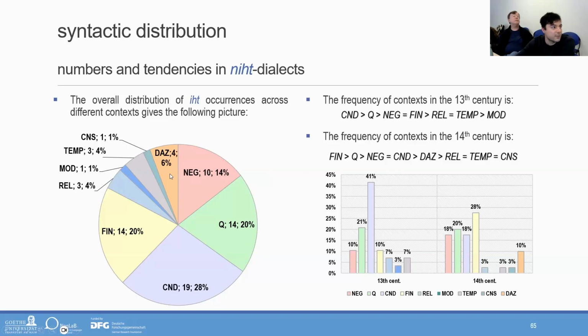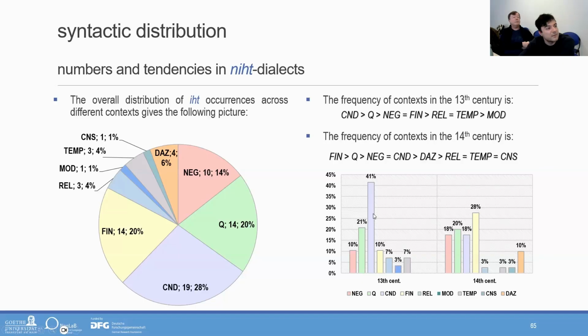And also in some other embedded clauses like relative ones, modal ones, temporal ones, consecutive ones, and some others. And those das sentences, das is the Middle High German word for that, with a lot of meanings actually, but those are the, let's say, neutral that sentences, like as a subject clause or as an object clause, without any other meaning.